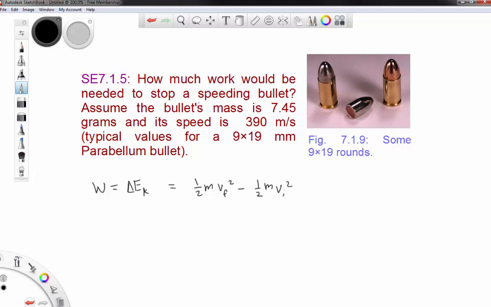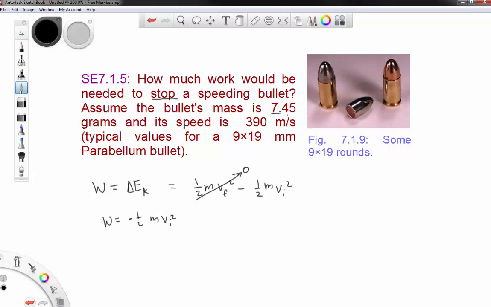We're trying to stop the speeding bullet, so this term is actually 0. And so that means that the work should be 1/2 times the mass times the initial speed squared. It's going to be a negative because it is being used to slow or stop the object. And this is what I was talking about earlier in this video.